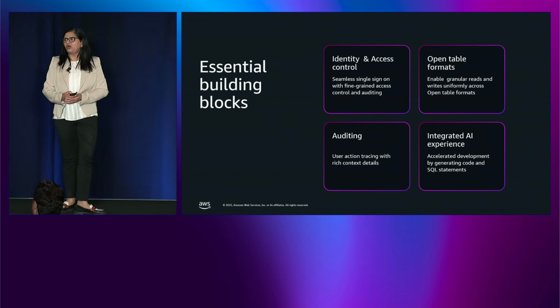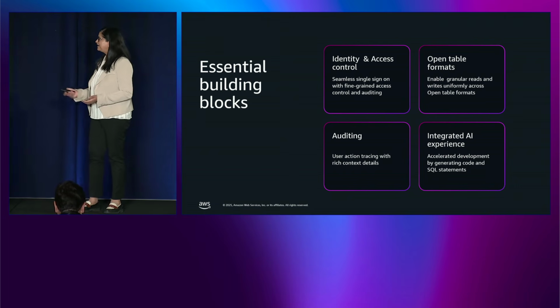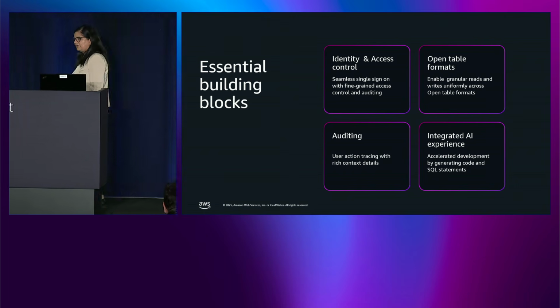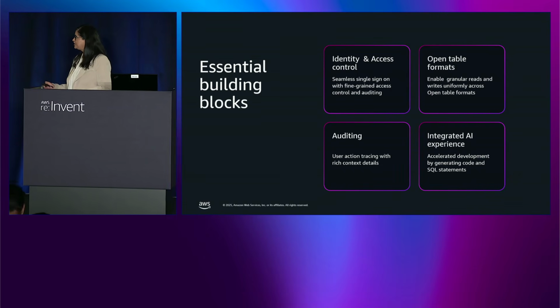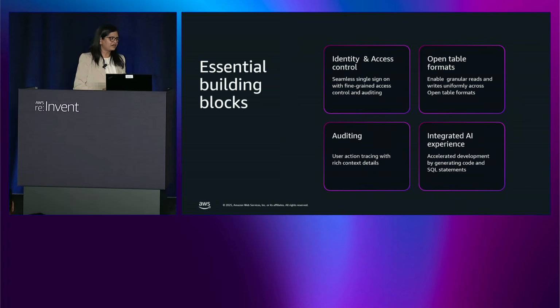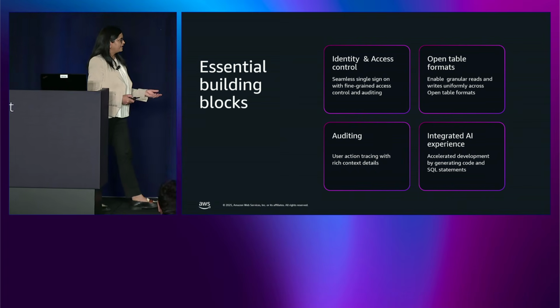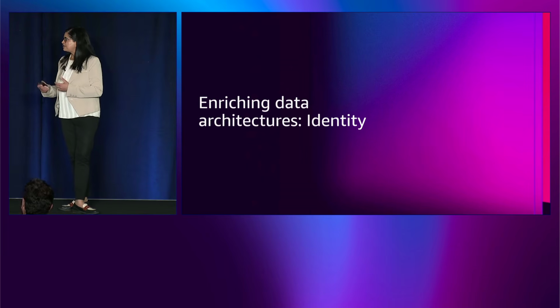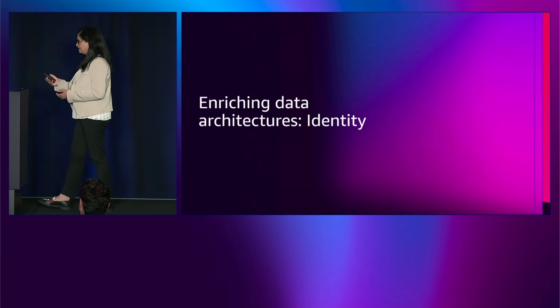And then you want a very good integrated AI experience while performing all your tasks with your data processing architectures. So let's see how we are working with our data processing engines to enable some of the features in the coming slides.